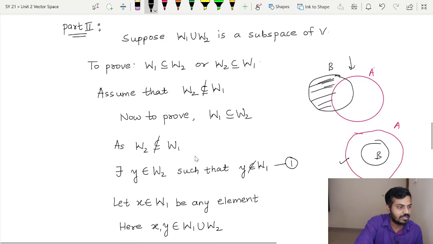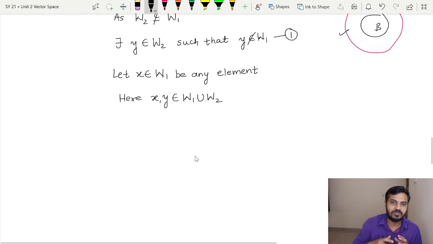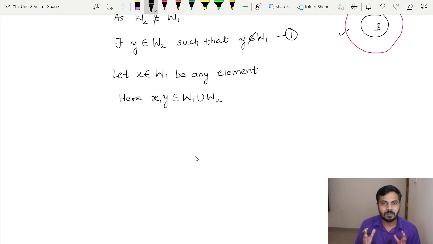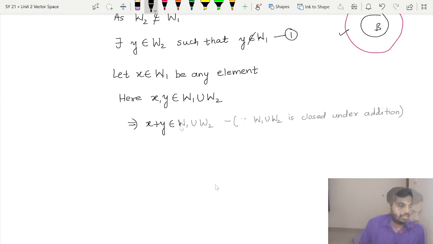We have assumed that W1 union W2 is a subspace. It means that it is going to be closed under addition as well as scalar multiplication. But here we are going to use the fact that W1 union W2 is closed under addition. So this implies X plus Y belongs to W1 union W2.